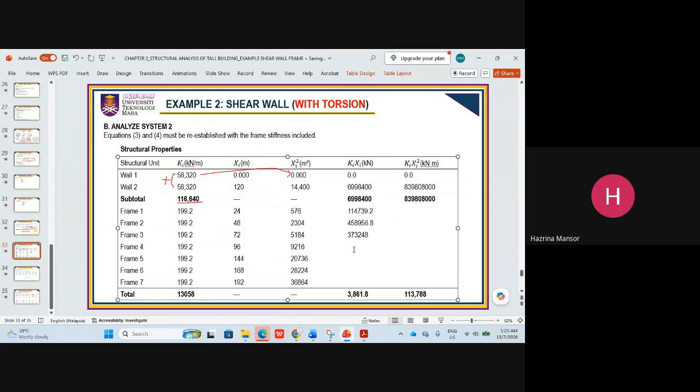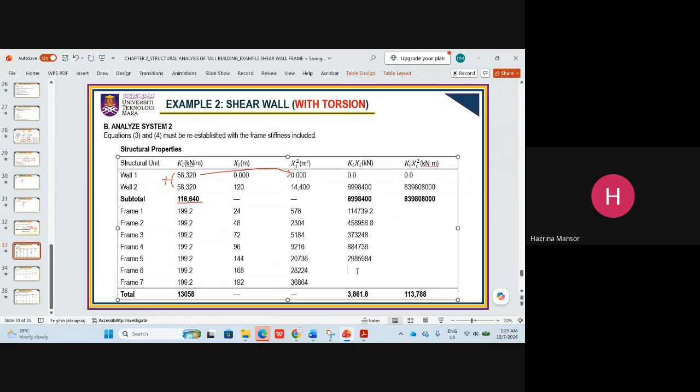And then you have 96 times 9216, 884,736. And then you have 144 times 20736, which is 2,985,984.